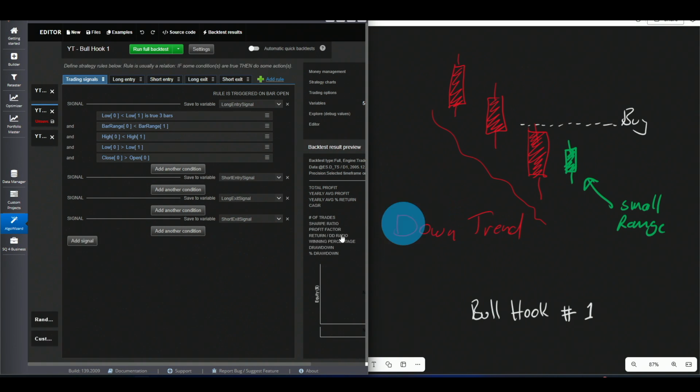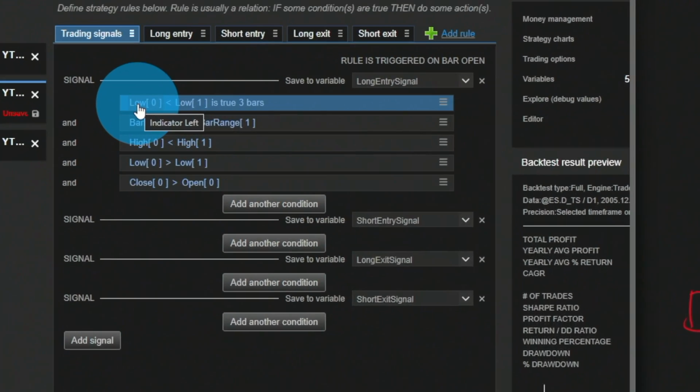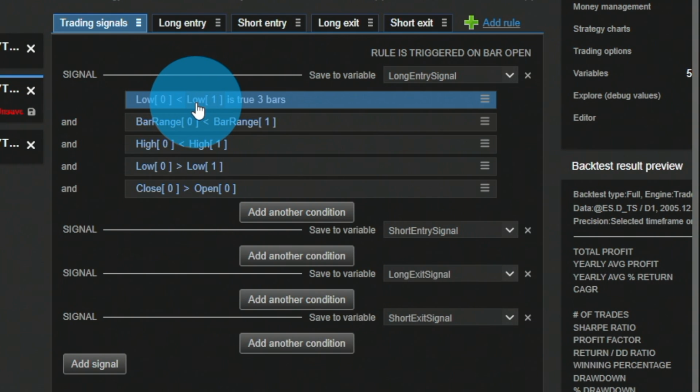So I will build this pattern in StrategyQuantX. I'm running version 139 here. And we are in Algo Wizard, and here is the pattern as represented by this picture. So we have 3 lower lows, and this is the low lower than the previous low, true for 3 bars.